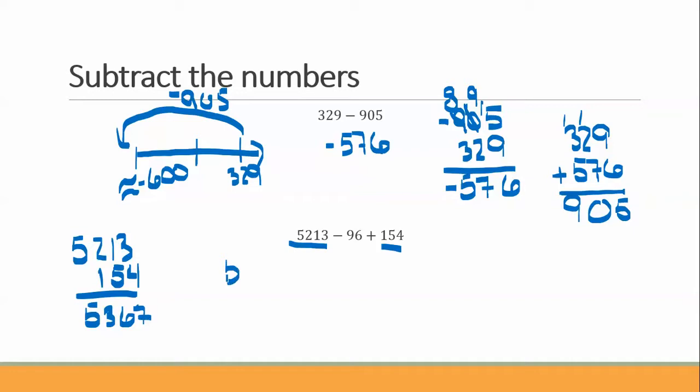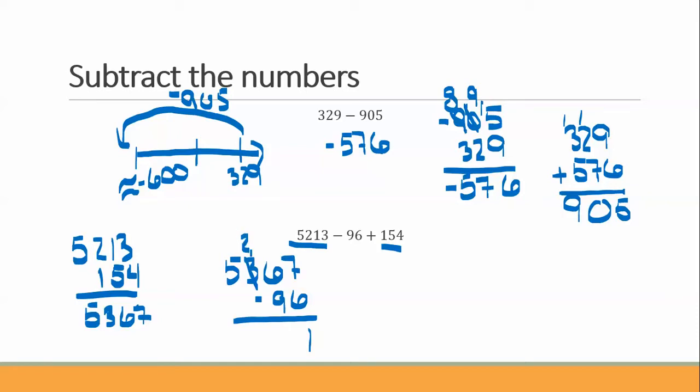Now we can take 5,367 and subtract 96. Now we have 7 minus 6 is 1. 6 minus 9, we can't do that, so we have to borrow.